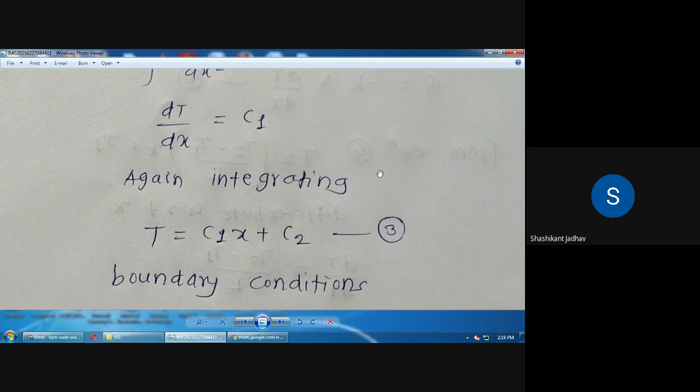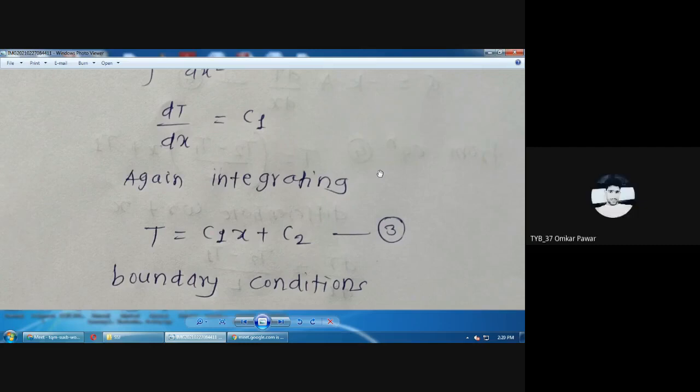Then at that time, what is the value at the left hand face? What is the temperature value? Anyone, unmute yourself and tell me the answer. At x is equal to 0, what is the value of temperature? C2?